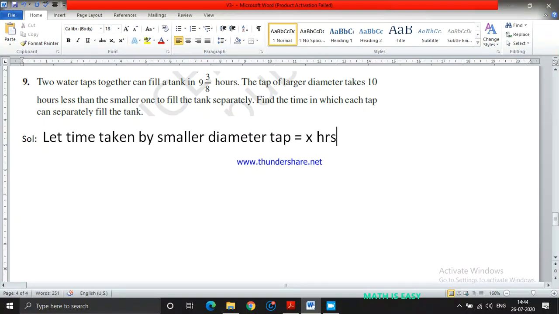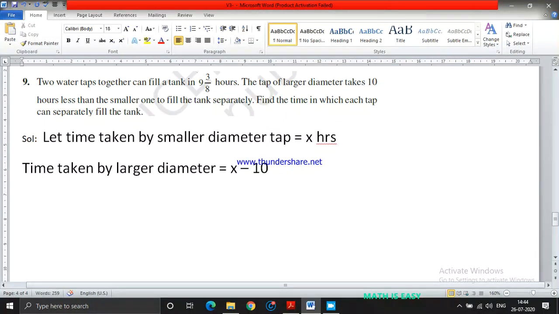So what about the time taken by the larger diameter? Then time taken by larger diameter is 10 hours less than the smaller one. If smaller one is taking x hours, then the larger one will take x minus 10 hours.